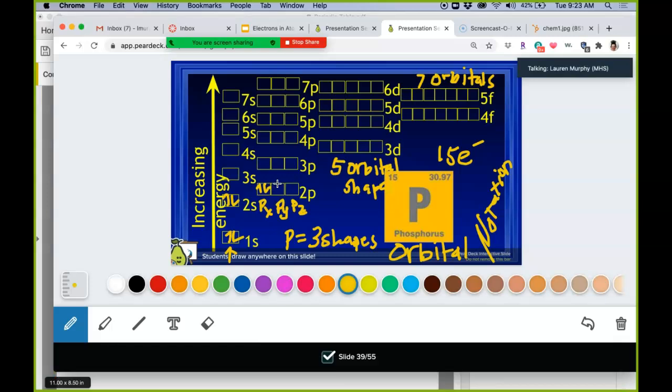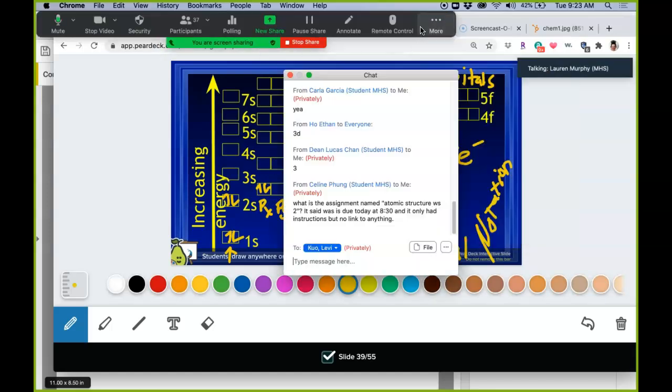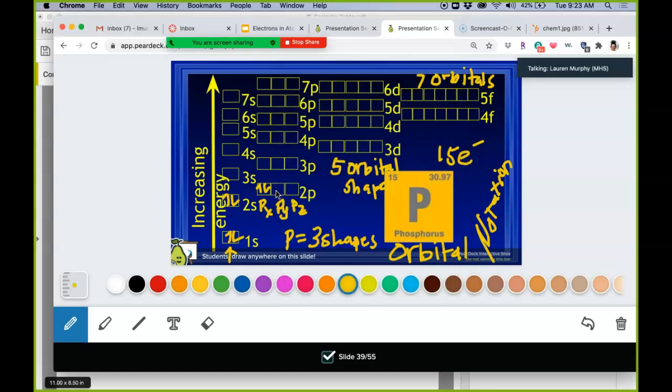What rule states that this is wrong? It's Hund's rule, okay? So, Hund's rule is, you put them in one by one before you pair them up.